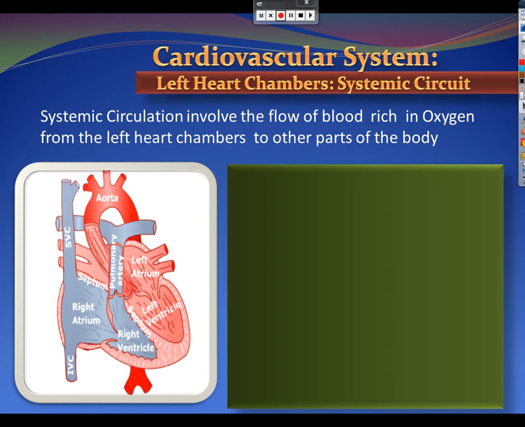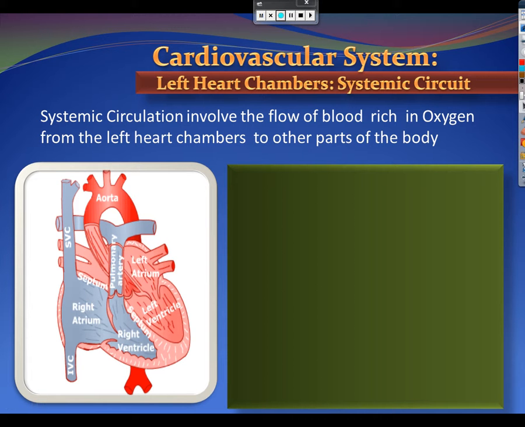But it can't go straight from the lungs back to the part of the body where it needs to go. So it needs to go back to the heart so that the heart can pump it to where it's supposed to go. In that case, it's going to enter now through the left atrium.